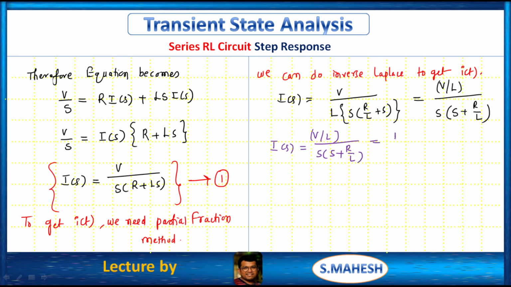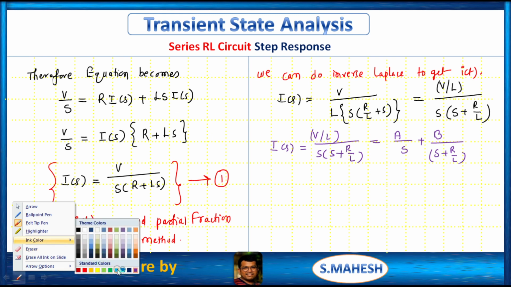Now we can do the partial fraction. That is, I(s) equals (V/L) by s(s plus R/L), which equals A by s plus B by (s plus R/L). Clear? To get the value of A, s should equal 0 in this equation. Similarly, to get the value of B, s should equal minus R by L, right?